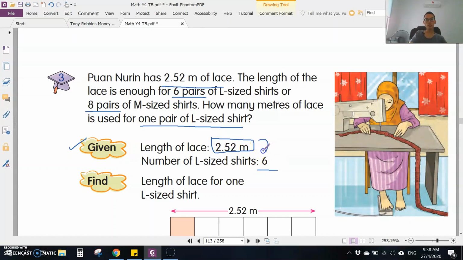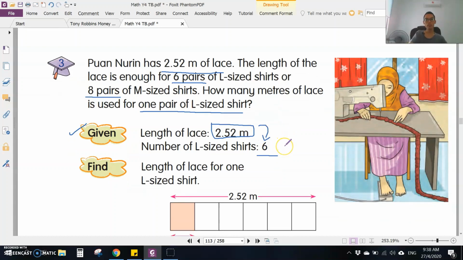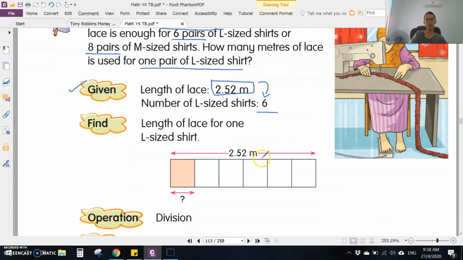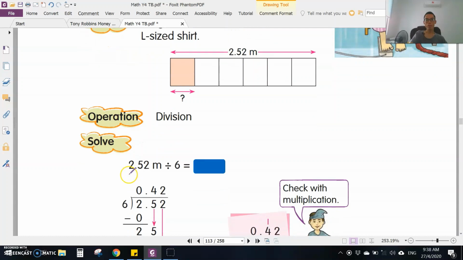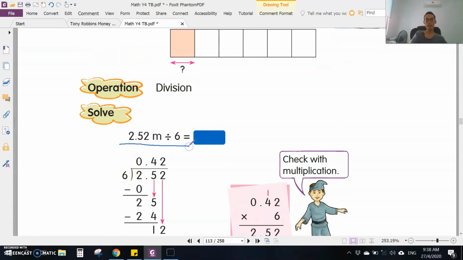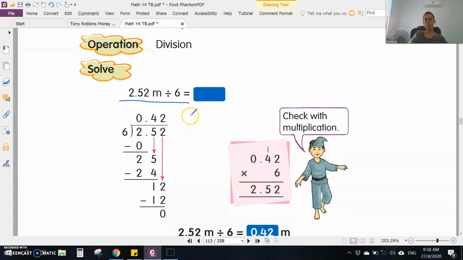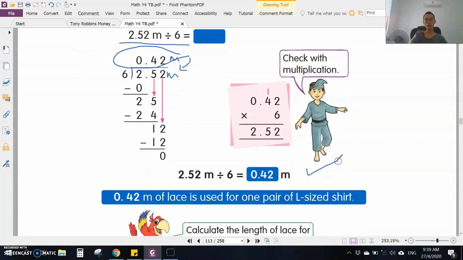Okay, 2.52 meter boleh buat 6 helai baju L size. So, dia nak tanya 1. What is the length for 1? So, you just divide 6. Okay, 2.52 meter divided by 6. Like what we did just now, you divide, make sure you write your meters. So, each pair is 0.42 meters.